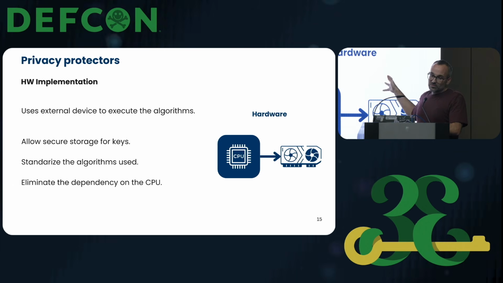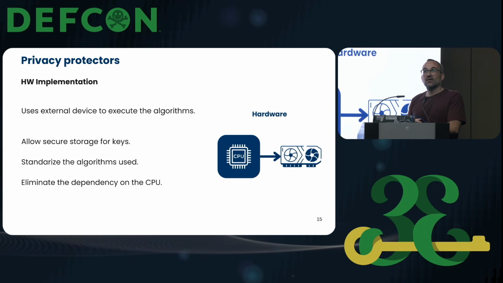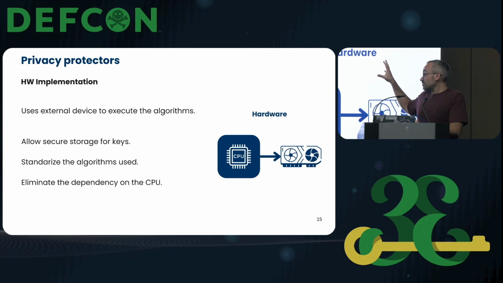The hardware used in these cases is made by manufacturers that implement the widely used algorithms. For example, usually all the hardware of this type implements SHA-256 normally, and AES up to 256. And finally, it is true that we eliminate the dependency on the CPU.